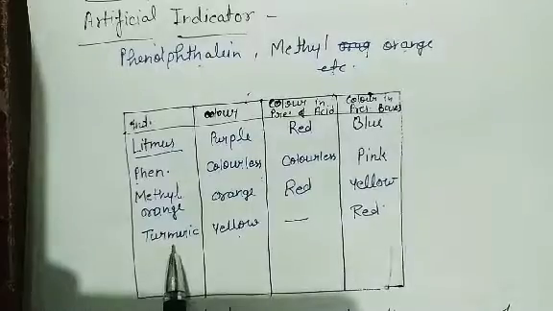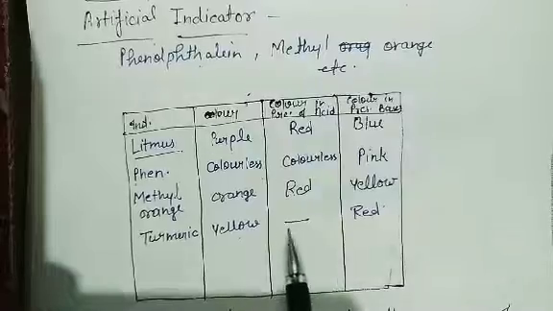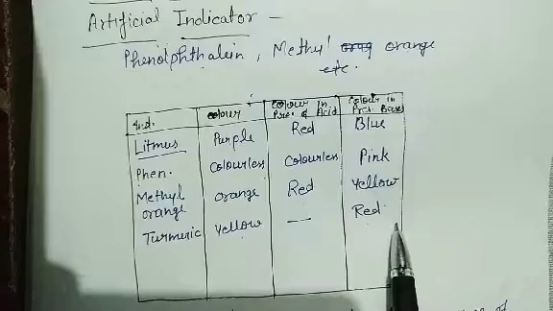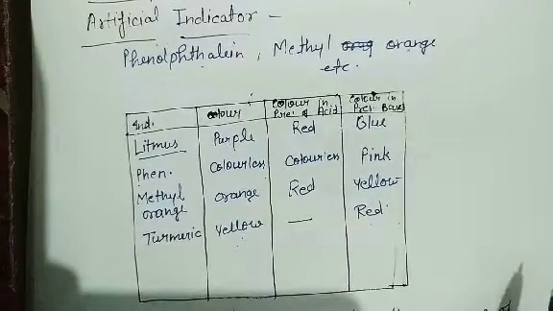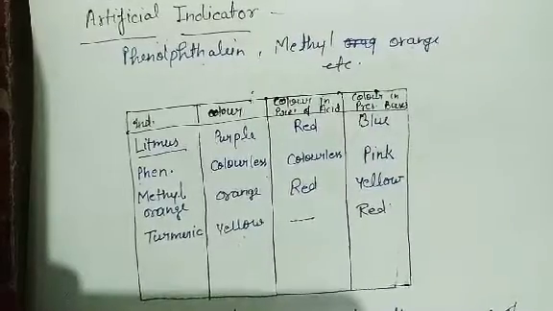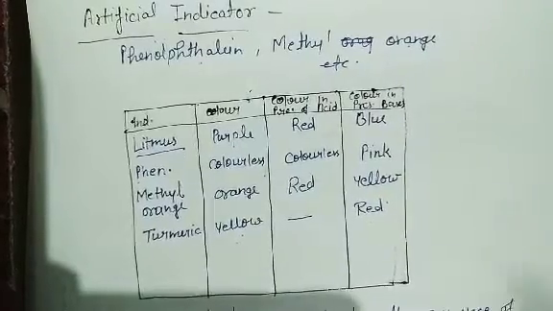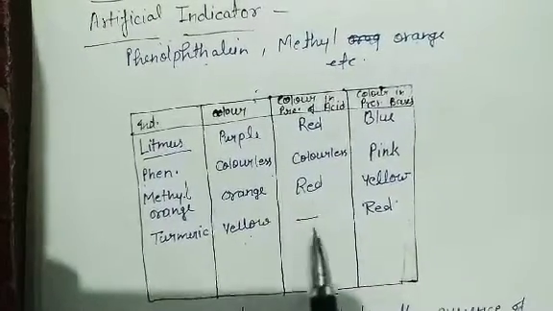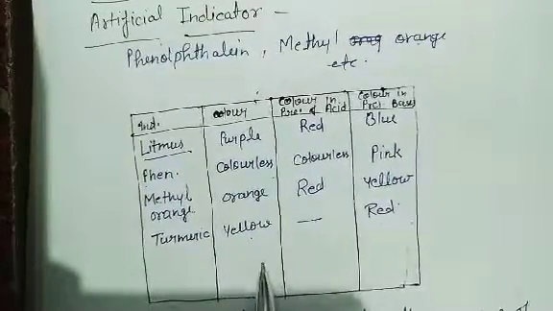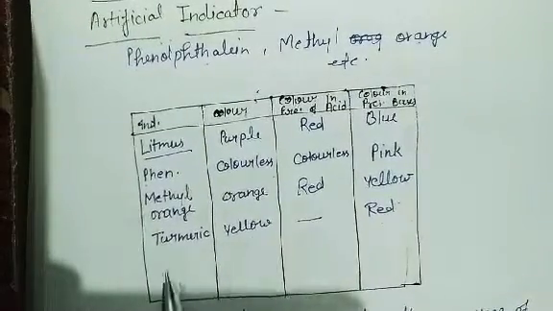Turmeric is your natural indicator. It is generally yellow in color, and in the presence of acid it doesn't show any color change, but in the presence of an alkali it changes into red. You must have discovered it on curry stains. If you have ever spilled curry on your clothes and washed it with detergent, you must have observed that whenever you apply detergent to a curry stain, it changes into red color, but as soon as you wash off the detergent, the color of that stain again changes into yellow.